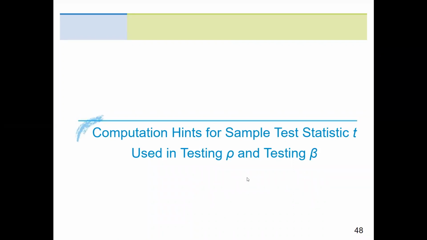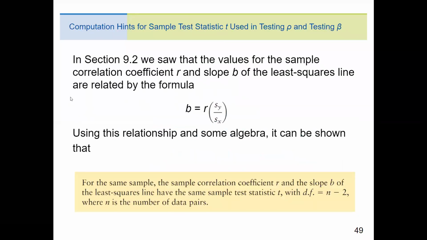Computational hints for sample test statistic t used in testing rho and testing beta. In section 9.2, we saw that the values of the sample correlation coefficient r and slope b of the least squares line are related by the formula b equal to r times sy over sx.